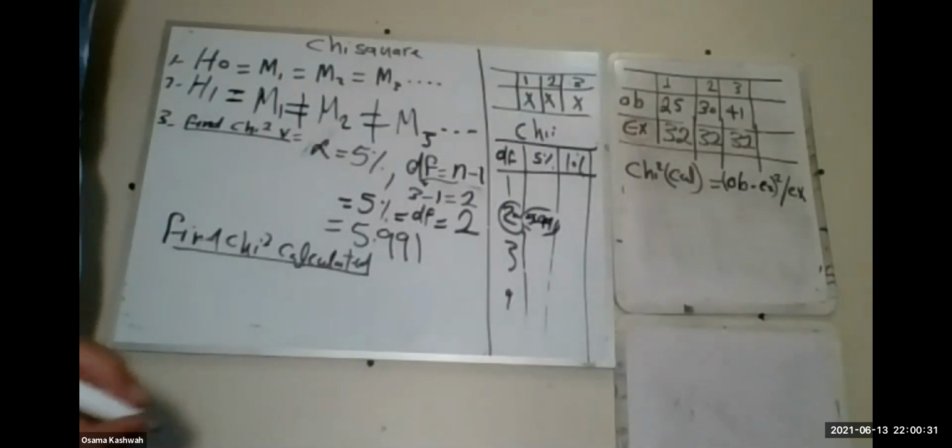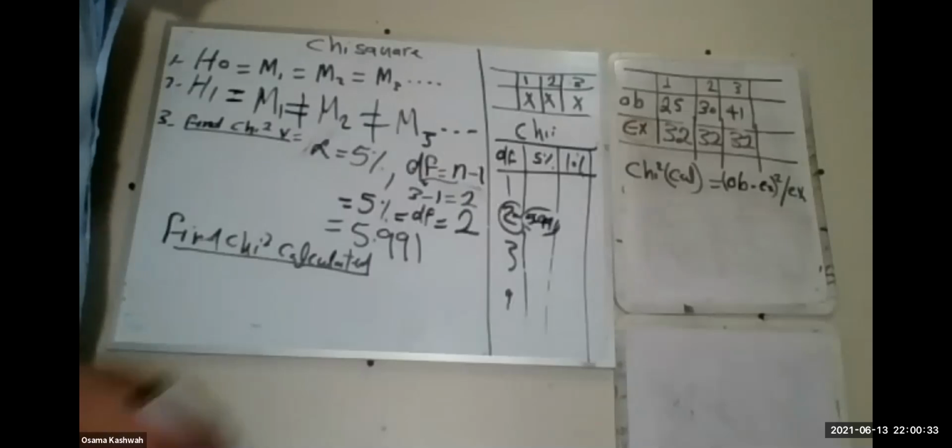It looks very weird like this, but when we come to see it, it's very easy. So the first one: the first term will be 25 minus 32, all squared, divided by 32.